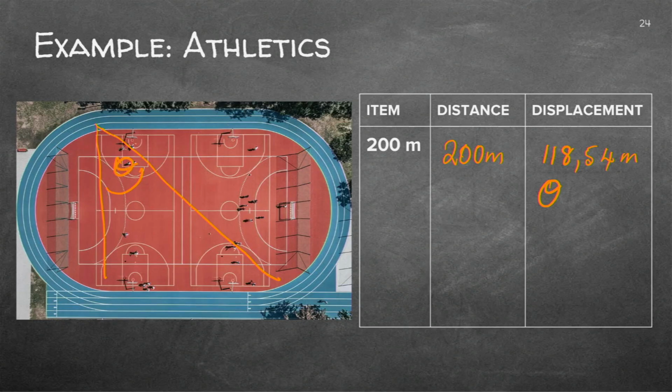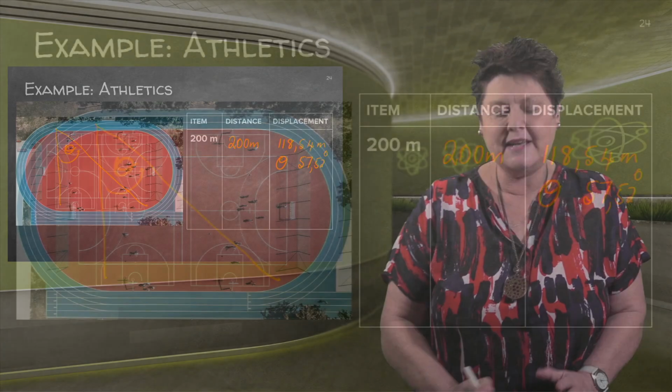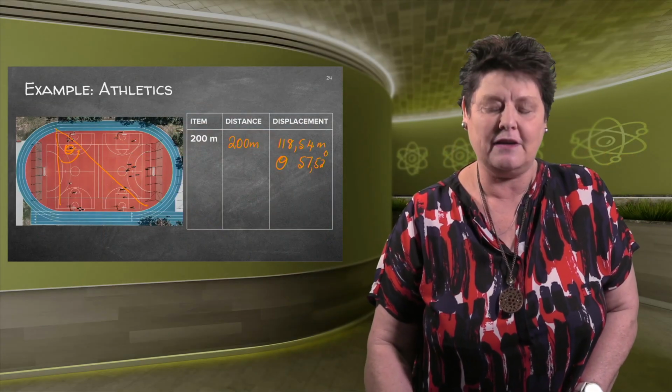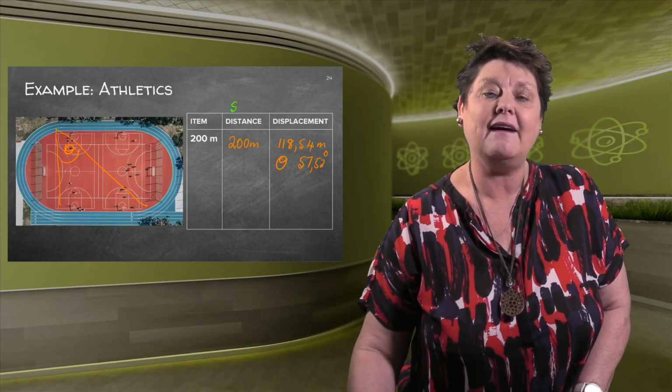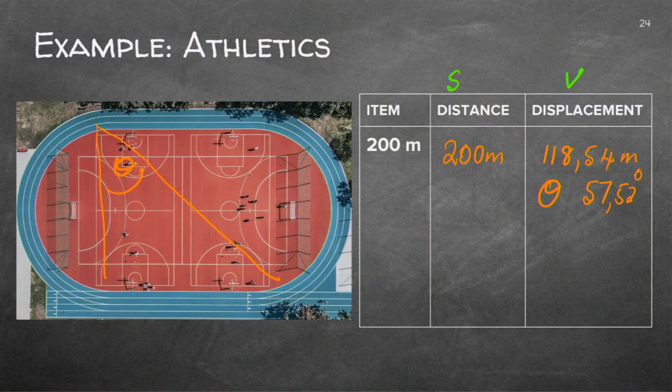That angle is 57.52 degrees. I hope you could see now that there is a clear difference between distance, which is a scalar, and displacement, which is a vector, which we have to know if we are going to work with motion.